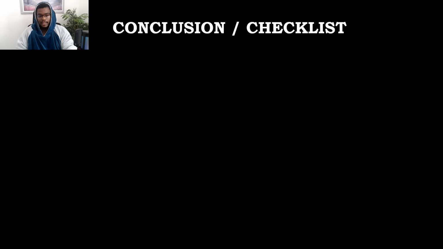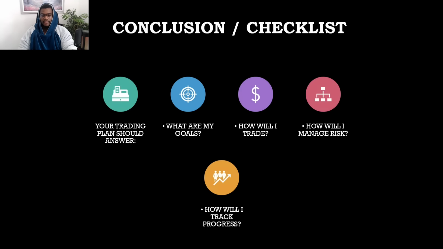So generally, these are the steps that you need to take to create a very good trading plan. Your trading plan should answer the following: what are your goals? So you should be able to know what your goals are at the end of the day, what you aim to achieve. You're supposed to know how you will trade the market, so your entry, your exit strategy, what sort of risk you are willing to take as well, and how will you then track your progress.